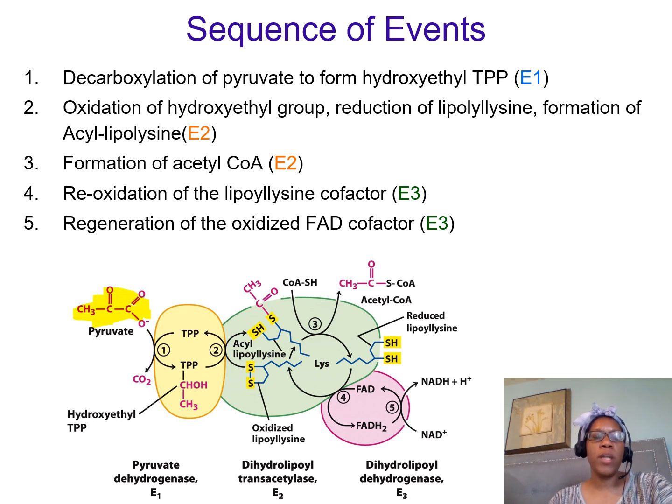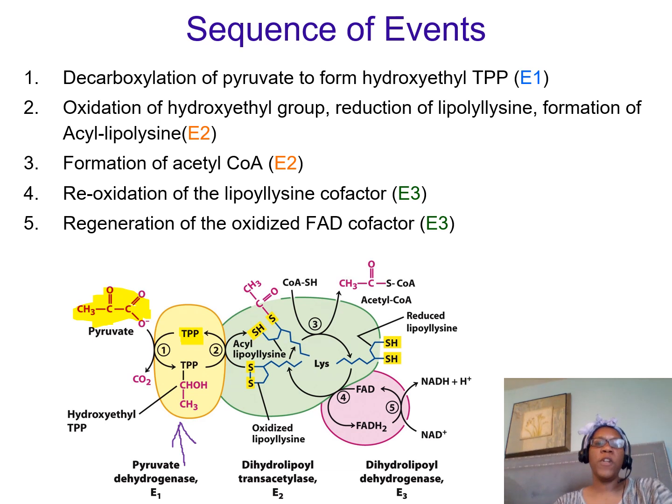And in step 1, we're going to be in the E1 enzyme. So this is E1. And E1 has the coenzyme TPP. So we see TPP is in E1. So what happens is first we have decarboxylation of pyruvate, so we lose the CO2.